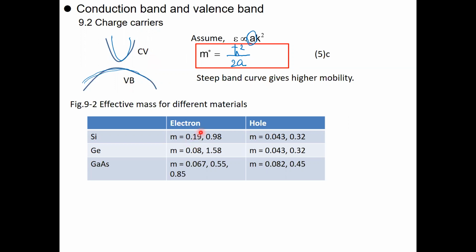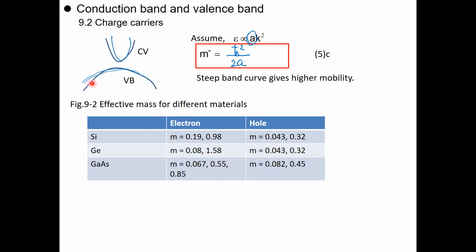If you check the effective mass for different materials, you can find several different values for electrons and holes. This is because of what I explained here.